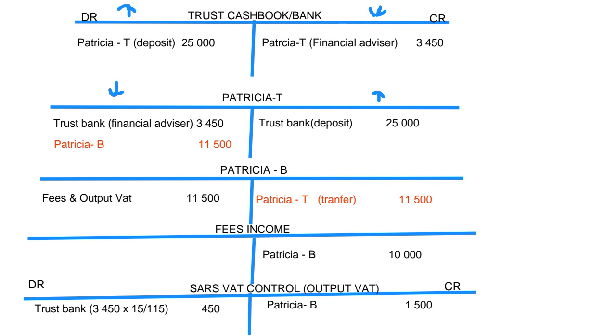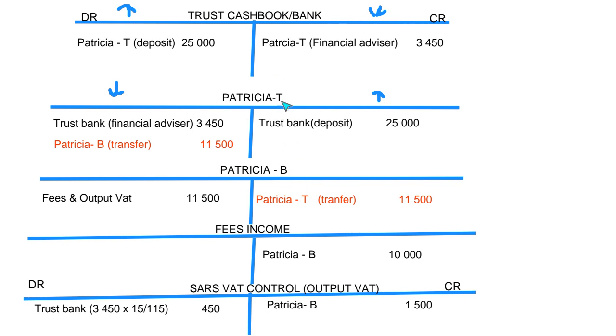Yes, I took it back. So I hope everything makes sense. This is how you make a transfer. Immediately when you do the transfer, can you see now, transfer takes place between T and B. That's the only way you can do that.